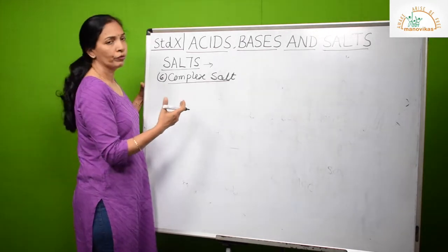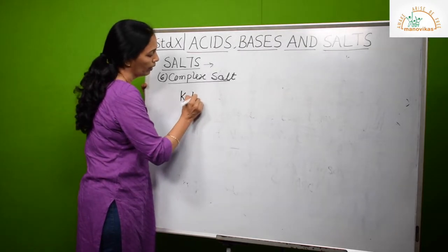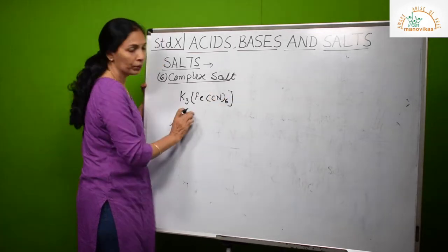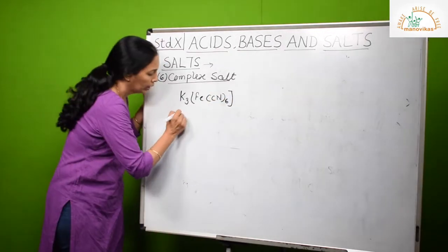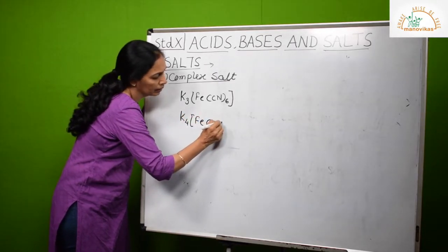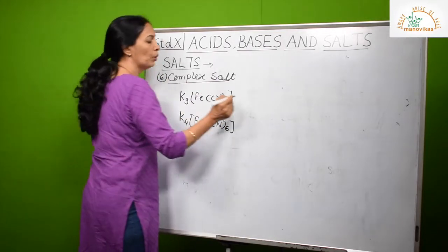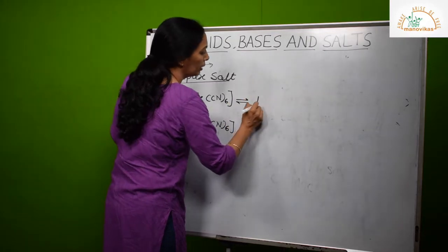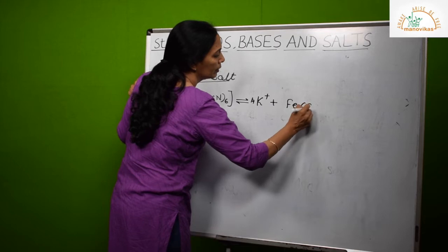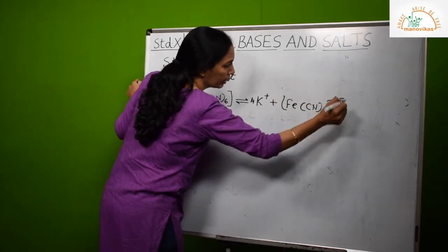The example of complex salt can be like K3[Fe(CN)6]. What is this? Potassium ferricyanide. K4[Fe(CN)6]. This is potassium ferrocyanide. So they give K+ ions plus [Fe(CN)6] ion, yes, ferrocyanide ion.